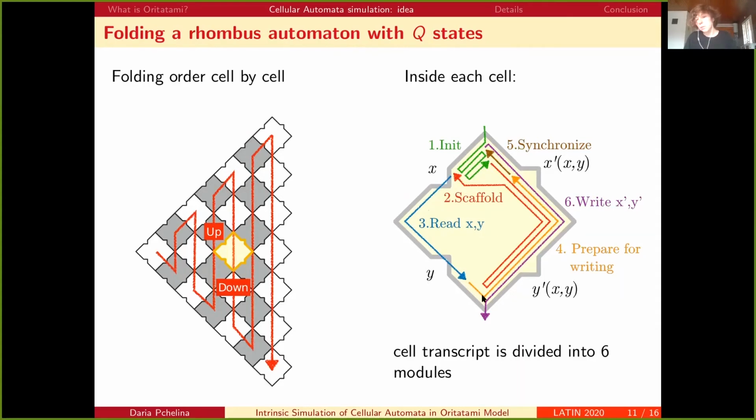The orange module plays the role of the transition rule and prepares for writing. The synchronization module will be discussed a bit later. And the last one, the writing module, is transmitting the output to the borders. So now we will get into some details.